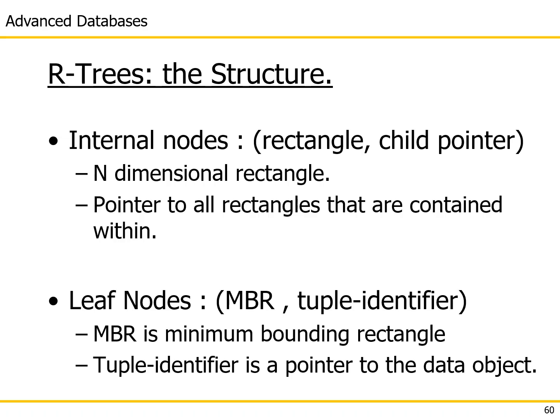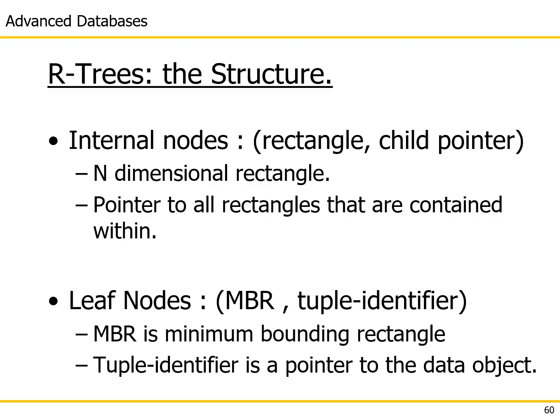So let's talk about the R3 structure. Again, we have internal nodes and we have leaf nodes. What's in the internal nodes is basically regions. Now, in the R3 way of thinking, in the internal nodes you have a region description, and everything below this region is contained within this region. Okay?